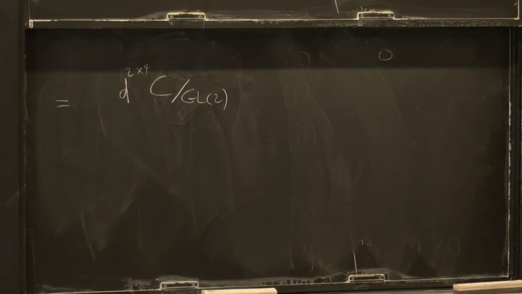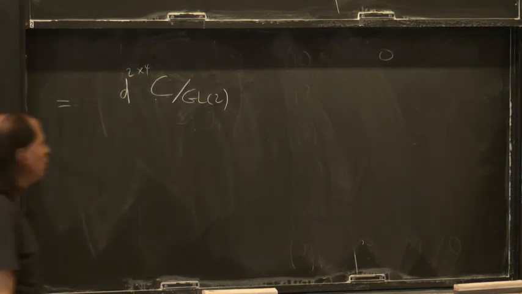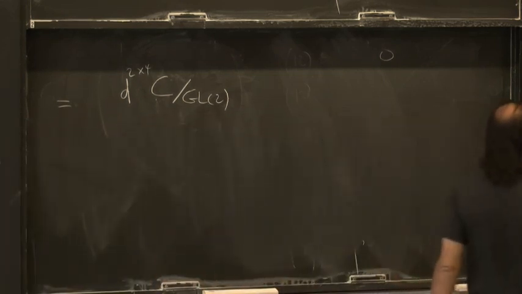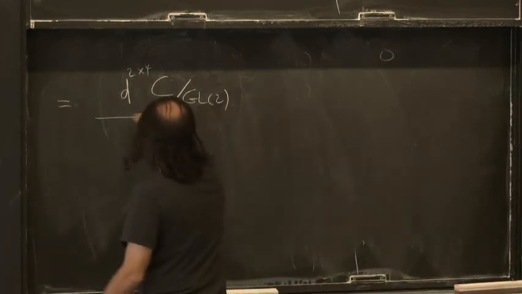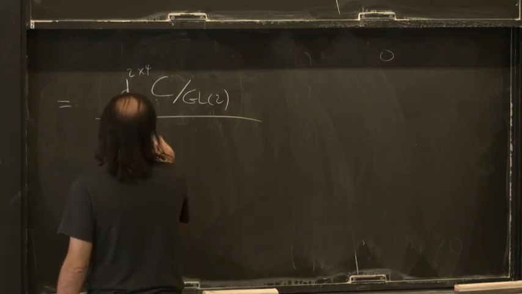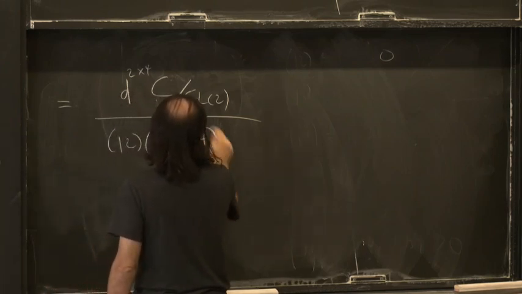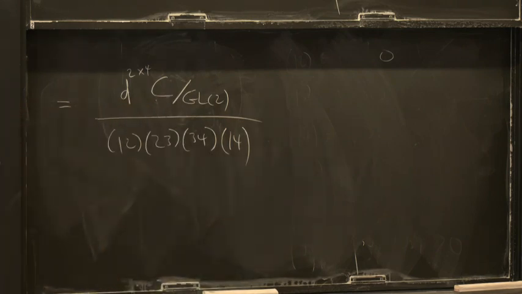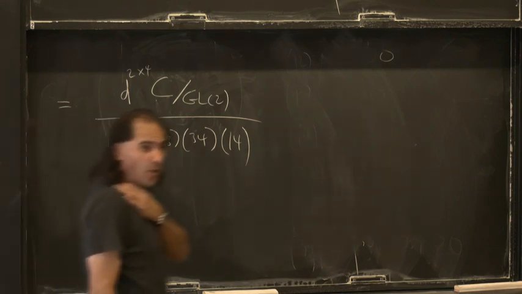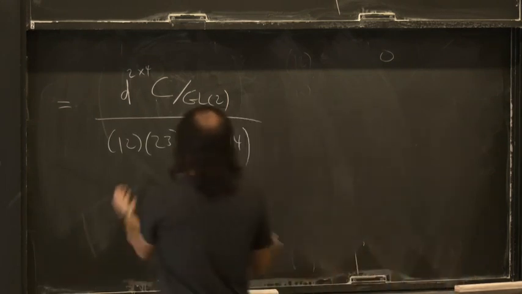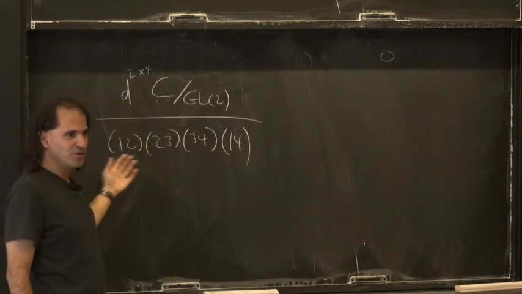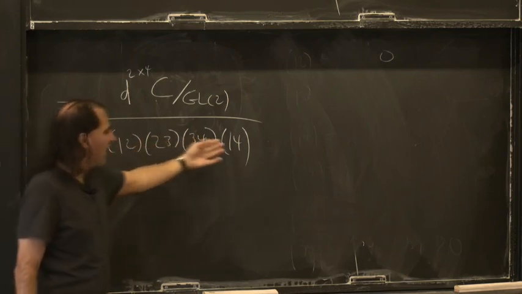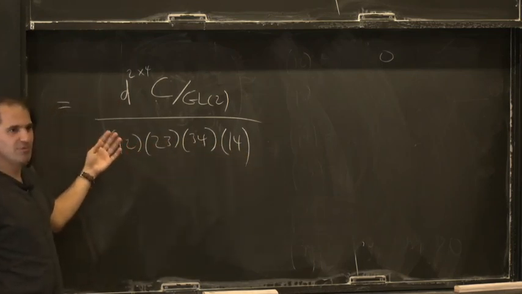Now what is the bottom? A2, A4, B2, B4 were just all these minors. So it's over 1, 2, 2, 3, 3, 4, 1, 4. And that's it. Okay? How do you know there's no 1, 3? Very good. There could have been a 1, 3, but you see, we're already done. Okay? So first, just by weights, we're already done.